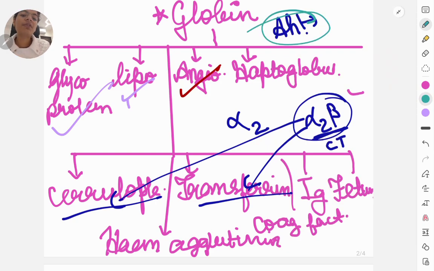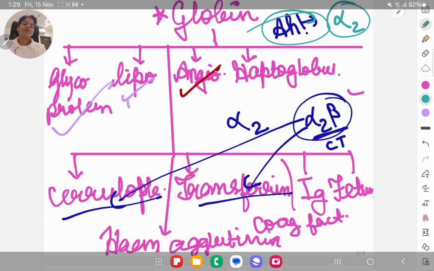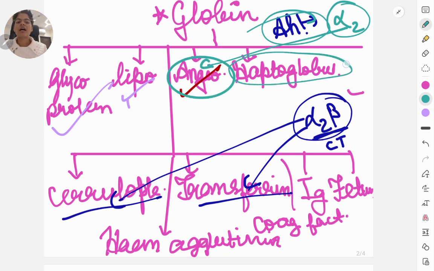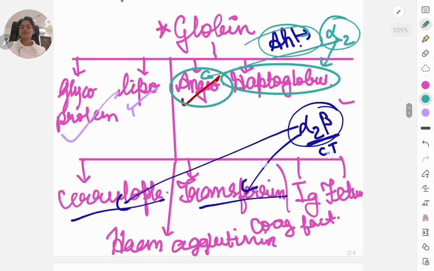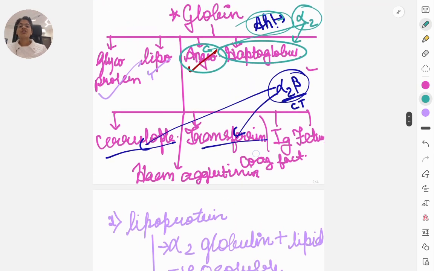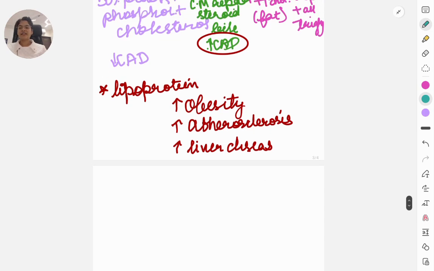Another one is for if you have only alpha 2. So where would it be? It would be in A, angiotensinogen, and H, haptoglobulin. Is it clear? Don't take it as hemagglutinin, okay? Hapto. So angiotensinogen, now you are clear with A and sitti.